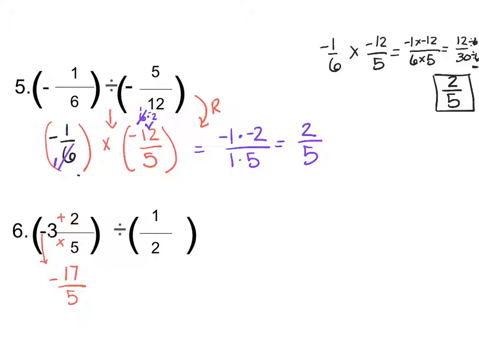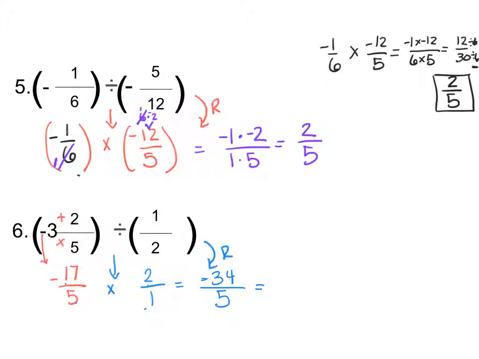And then divided by, I'm going to go ahead and change that to multiplication and take my reciprocal. So I flip it. So I put the 2 on the top and the 1 on the bottom. So 17 times 2 is 34, but I have a negative times a positive, so it'd be a negative 34. And then 5 times 1 is just 5.